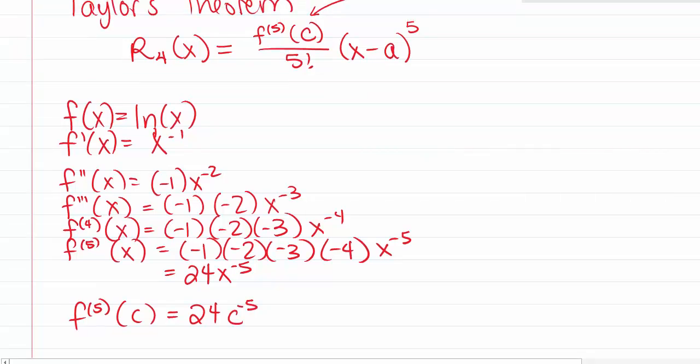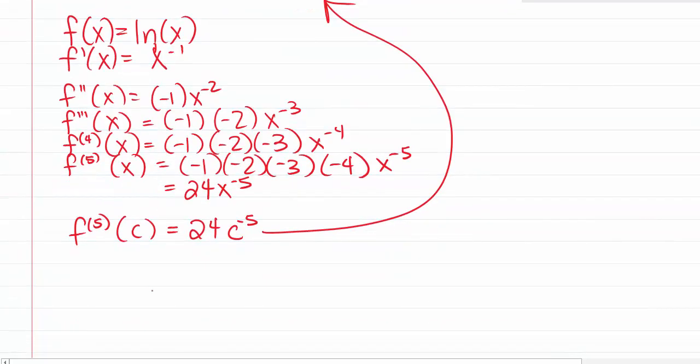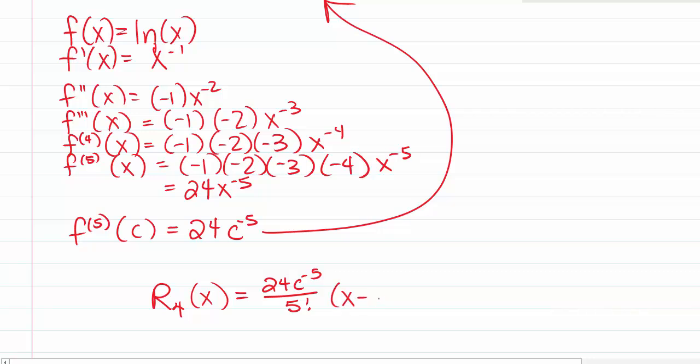All right, so putting that in the remainder theorem then, we get that our remainder sub 5, or our remainder sub 4, right? We're looking at the fifth term, but it's actually the remainder for the fourth degree polynomial of x is 24c to the negative fifth over 5 factorial times x minus, our a here is 1, so x minus a to the fifth.